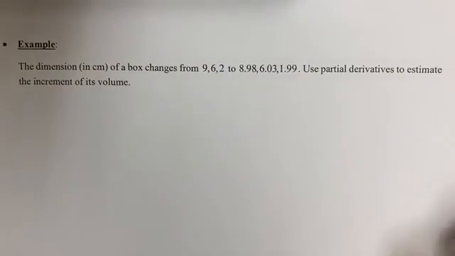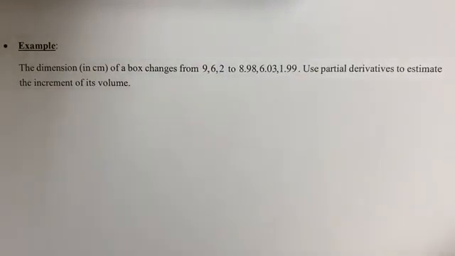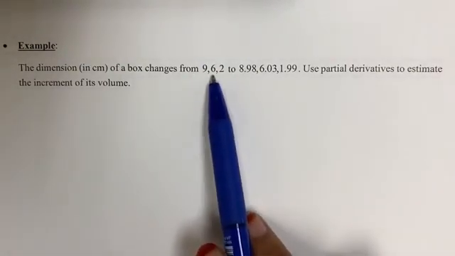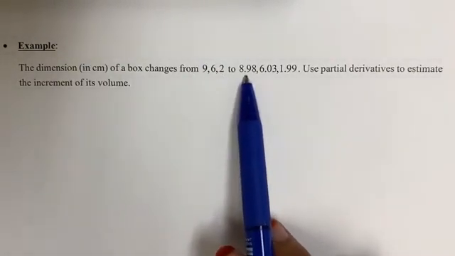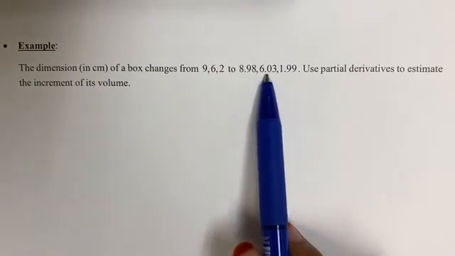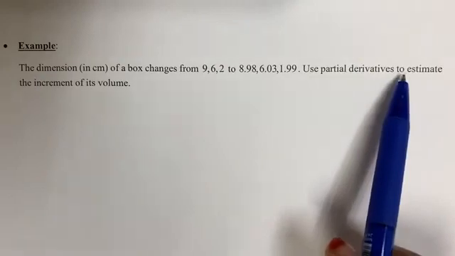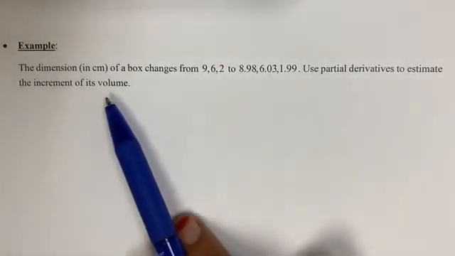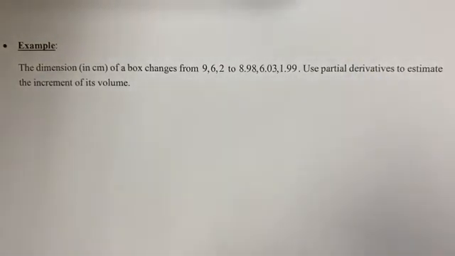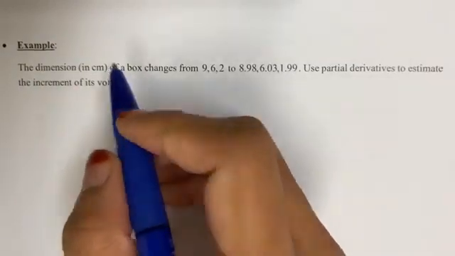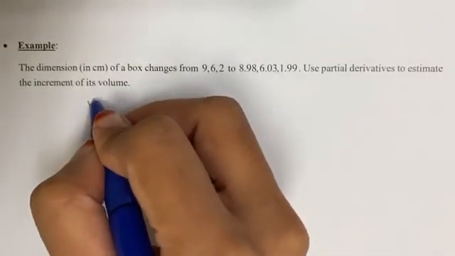Right. The last example for this video is to estimate the increment of the volume. Let's say the dimensions of a box change from 9, 6 and 2 to 8.98, 6.03 and 1.99. Use partial derivative to estimate the increment of its volume. So first, what is the formula for the volume of a box?